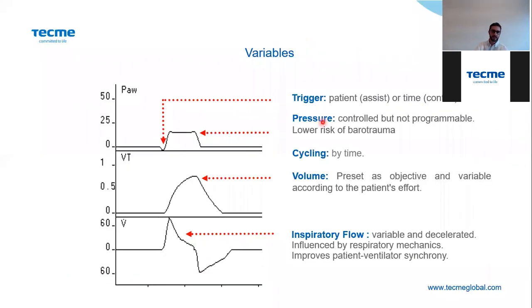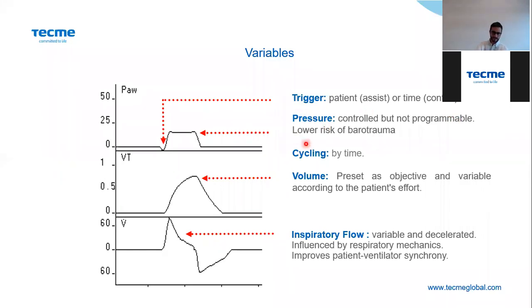So here we have the different variables again. The trigger can be done by the patient or by time. It is an assist control mode. Then the pressure is controlled but not programmable. Remember you are setting a volume, not a pressure.